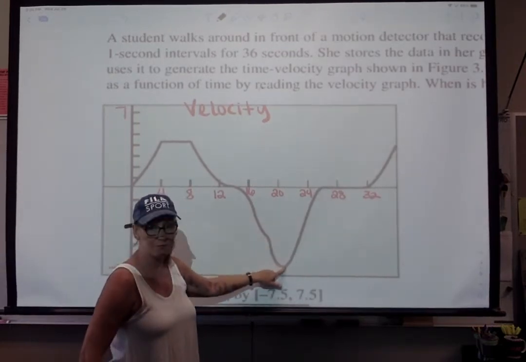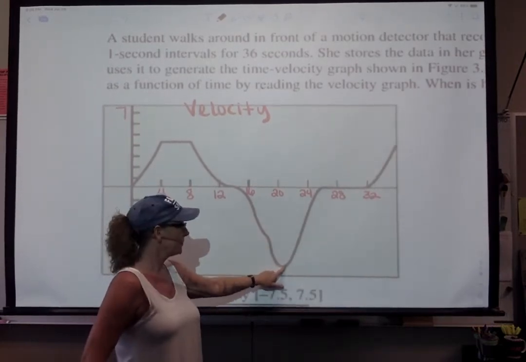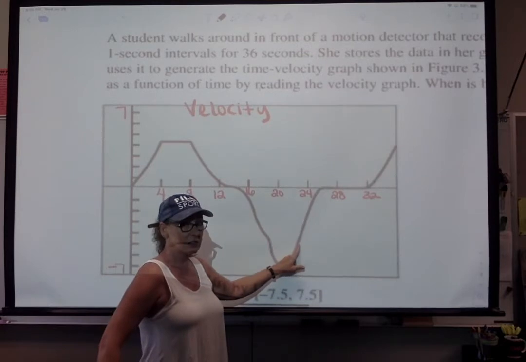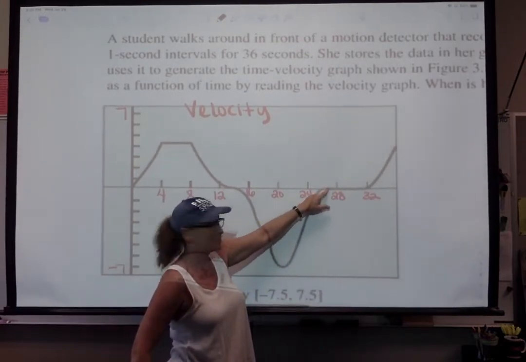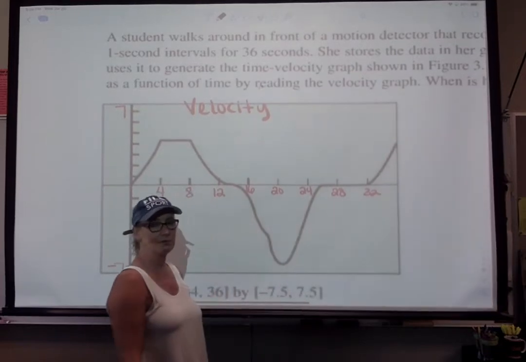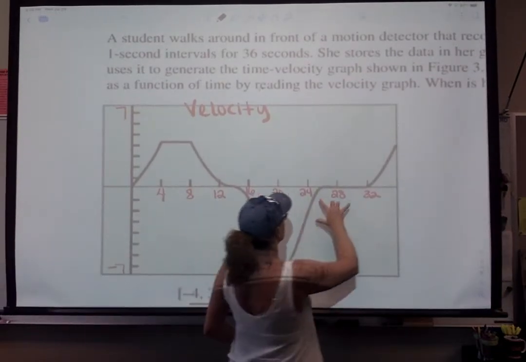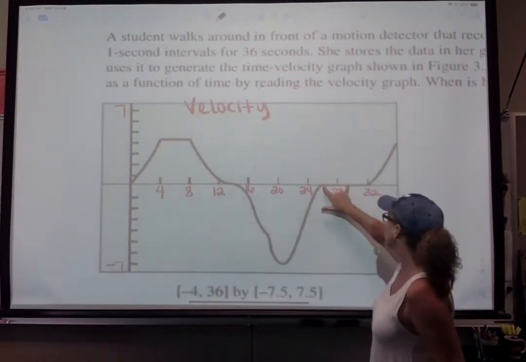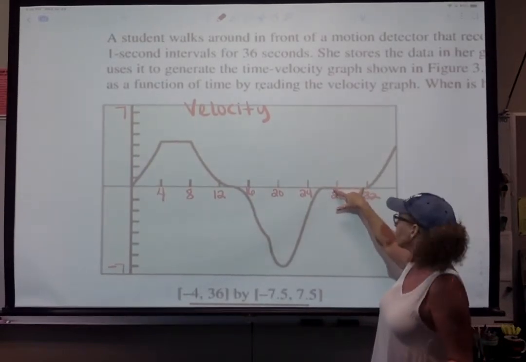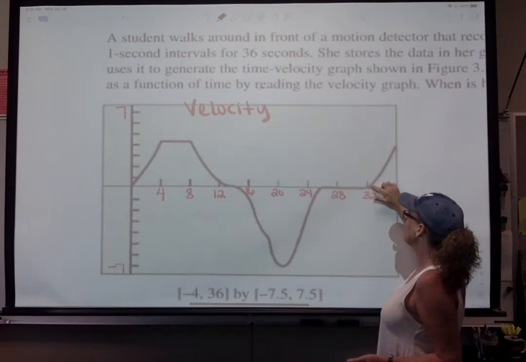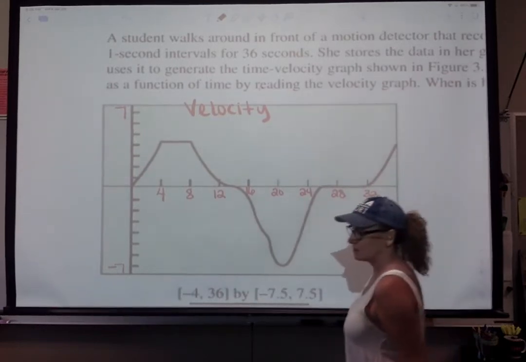Then left, slower, slower, velocity is 0, stopped. You can see that her velocity was 0 from about 26 seconds to 32 seconds. Maybe she stopped and tied her shoe. I don't know. And then she started walking toward the right again.